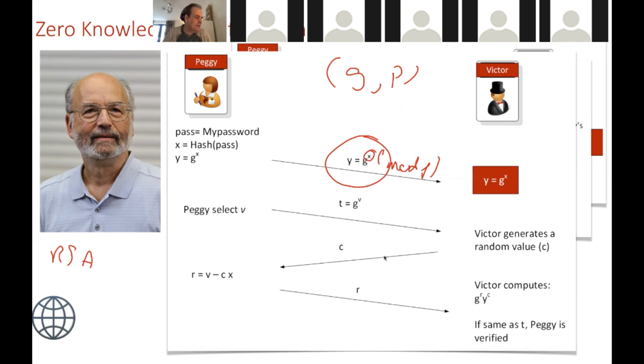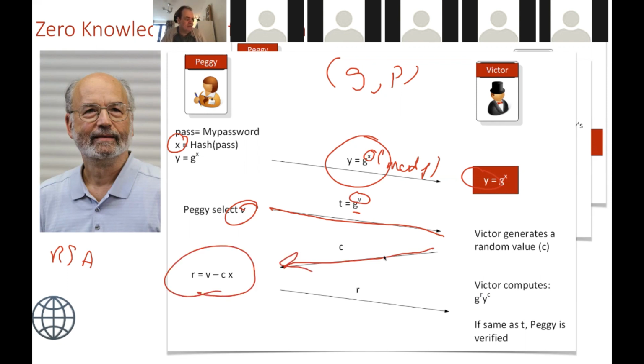Peggy keeps a secret value, which is the hash of our password in this case, and sends over a value of y to Victor. She also takes a random value and sends that over. Victor sends a challenge.